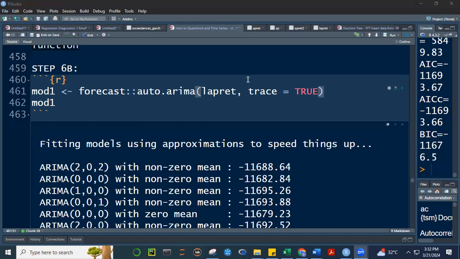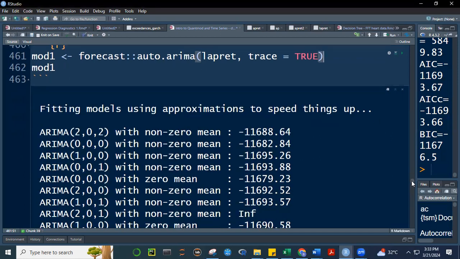Si 6A, pina-plot natin si ACF and PACF in order to manually or by trial and error determine kung ano yung ARIMA process. Si 6B naman, i-plot pa rin natin ACF and PACF as just a guideline, no? Parang guess lang. Possibly AR process, possibly MA process, but nothing definite. Okay? We are only able to finally tell or determine kung ano yung model natin by the auto.arima function.